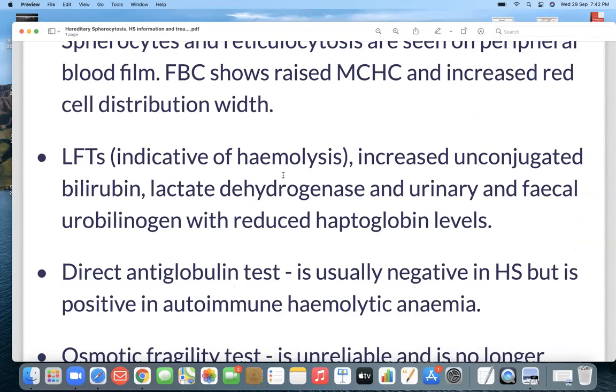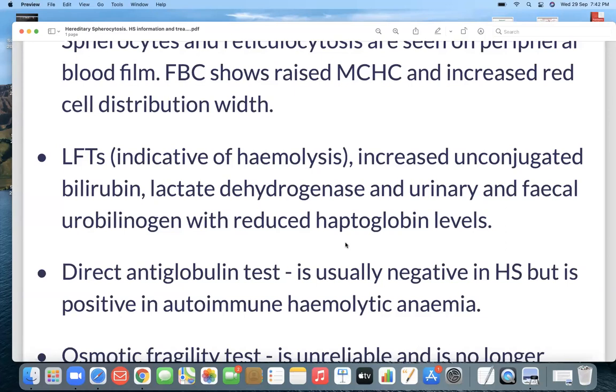And it will indicate hemolysis for you, like increased unconjugated bilirubin, lactate dehydrogenase, and urinary and fecal urobilinogen, with reduced haptoglobin levels. Normally, in any jaundiced child, even a newborn baby, when we check the TSB and DSB, the total serum bilirubin, how will it be in those children?